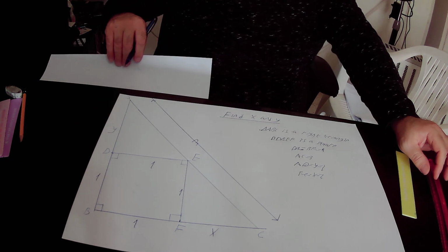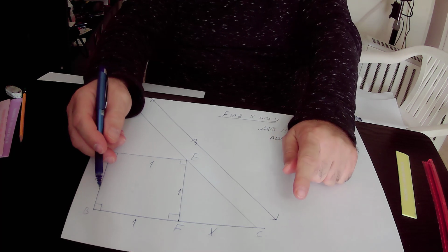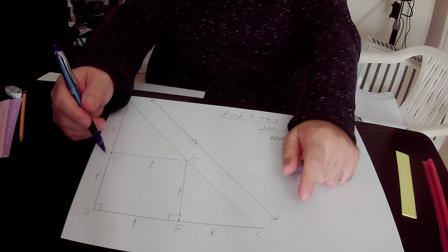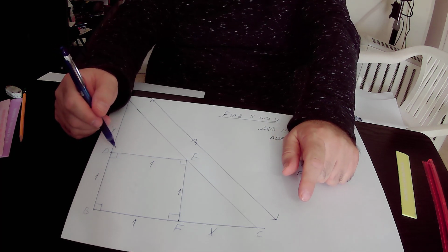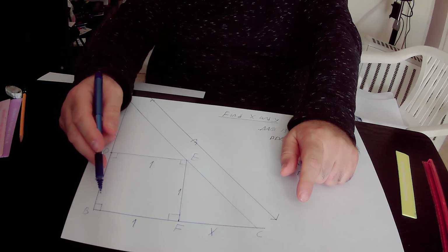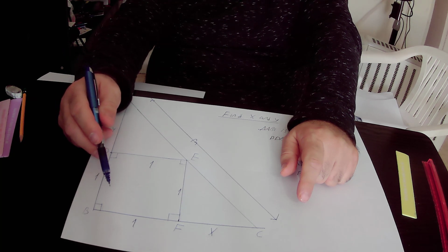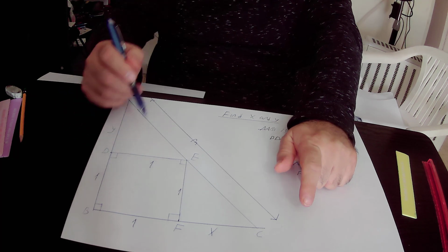And we also know that BF is part of the straight line BC, and BF is parallel to DE. So if part of the straight line BC is parallel to DE, then the straight line BC itself will also be parallel to DE.